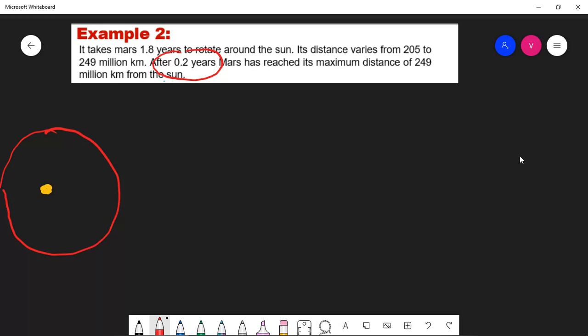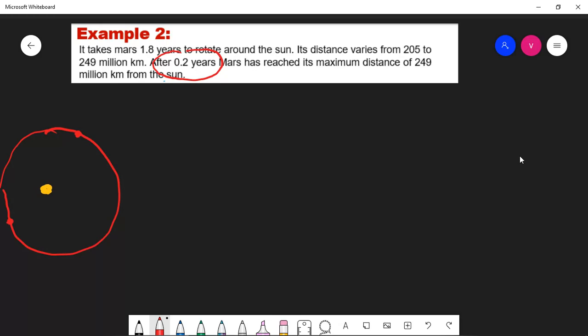You do not know where Mars is when you start looking. It could be anywhere in its cycle. It might be in a very inconvenient place, somewhere weird that does not reflect a very convenient spot to start on a sine or a cosine wave.